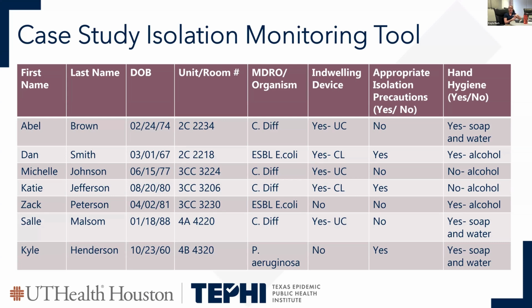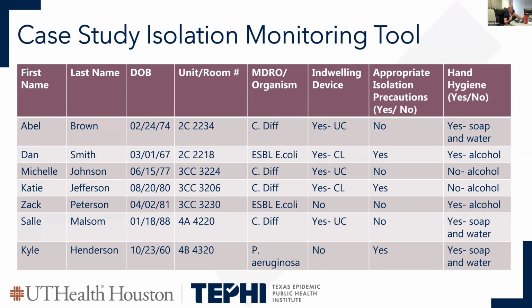You also want to know if they have an indwelling device, which puts them at additional risk. UC is urinary catheter, or CL is central line, shorthand. You can make up your own mnemonic. This is a pretty common one that's used.